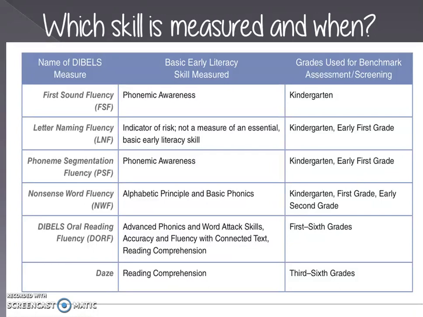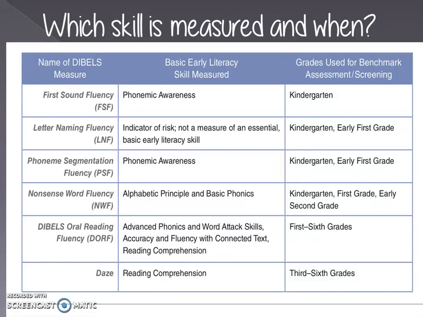First, first sound fluency and phoneme segmentation fluency are used to measure phonemic awareness abilities. Nonsense word fluency measures individual letter sounds, and the whole words read measures alphabetic principle and phonics.